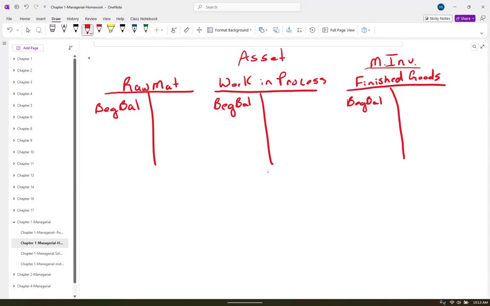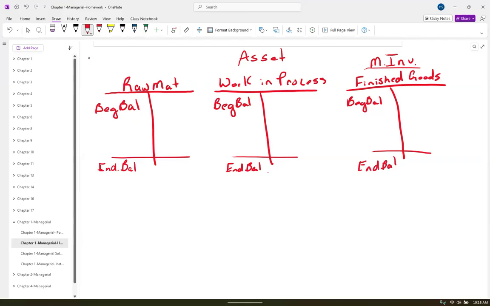All of these are going to have a beginning debit balance. Something's wrong if they tell you it was a credit balance. That's almost never going to happen unless it's an error. I'm going to draw a little total line down there, and we will have an ending balance in each one of those. That's all I want to do right now on that one.